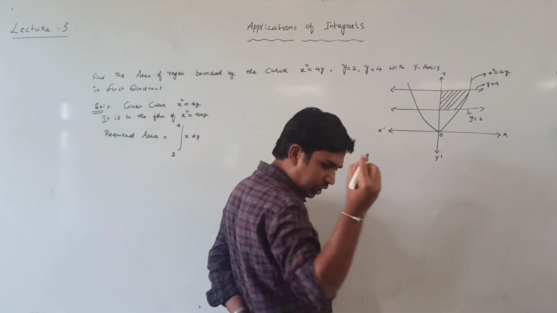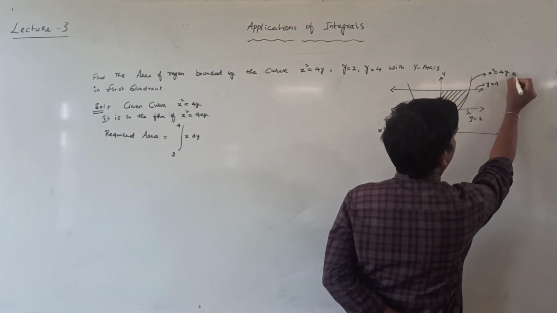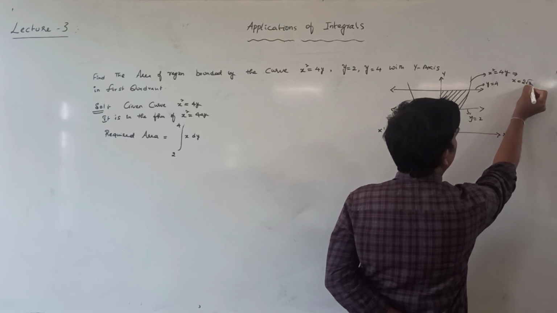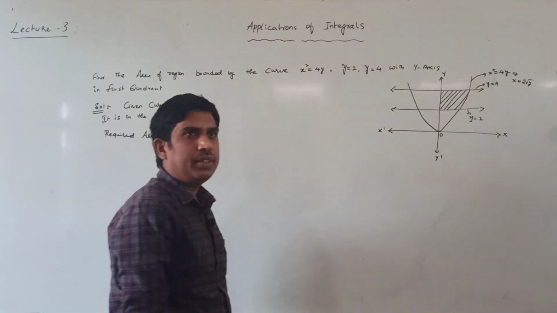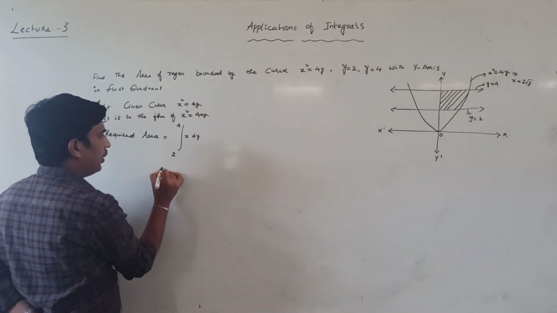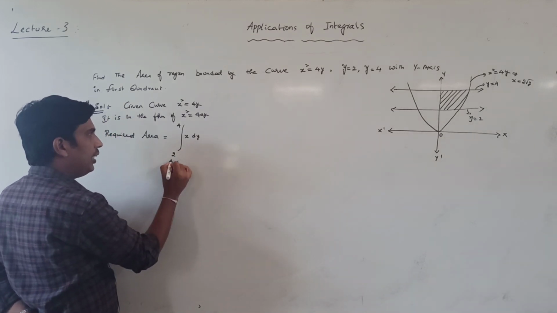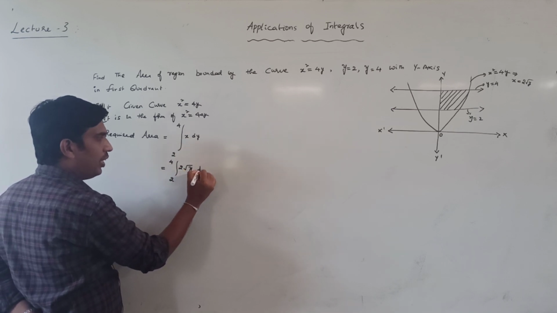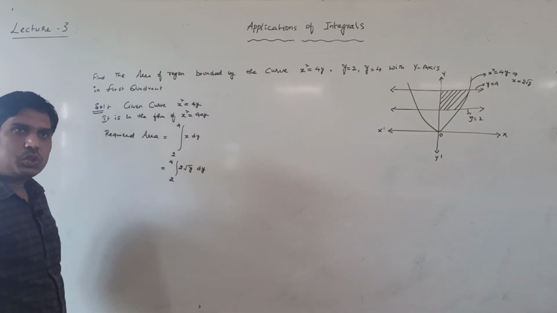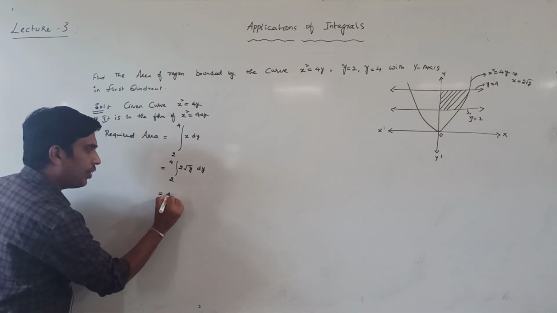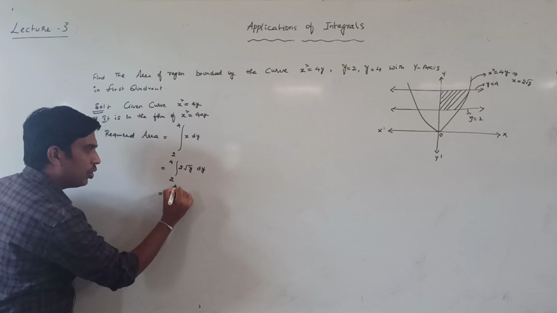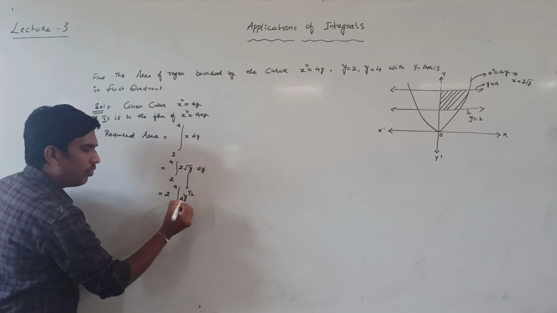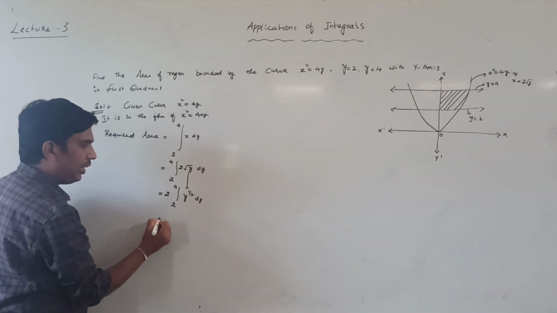So from equation x square is equals to 9y implies x is equals to what will get, nothing but 2 root y. X is equals to 2 root y, therefore we'll get integral 2 to 4 x nothing but 2 root y into dy. So constant right outside the integral here, so 2 integral 2 to 4 root y, so root y nothing but y power 1 by 2 dy.